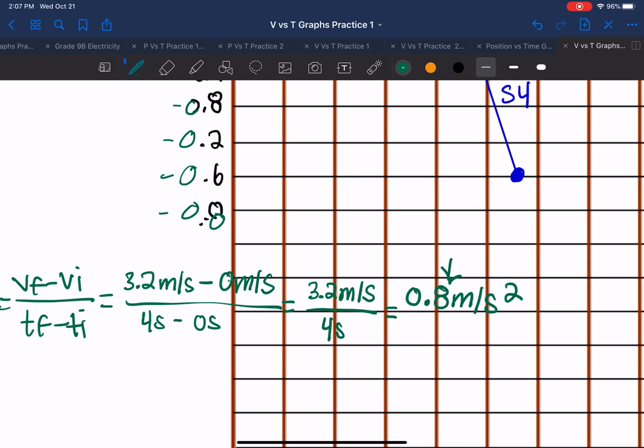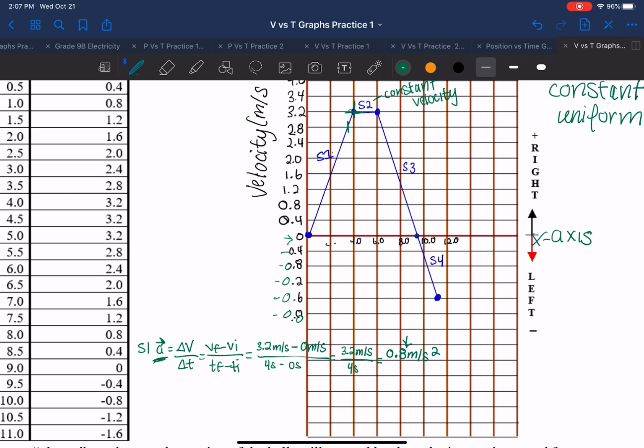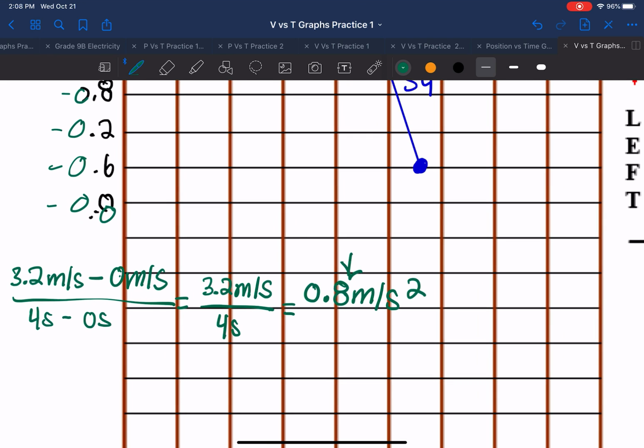It's a positive value. So if we go back to our graph here, we notice that S1 is going in a positive direction. It's going away from that x-axis, and we did calculate a positive 0.8 meters per second squared. That's really good. Look at that unit. It's squared. It's for acceleration. We're not solving for velocity, where it wouldn't be squared.